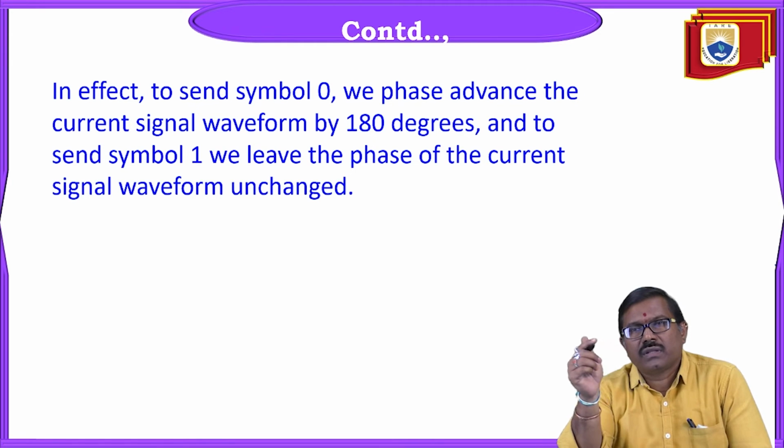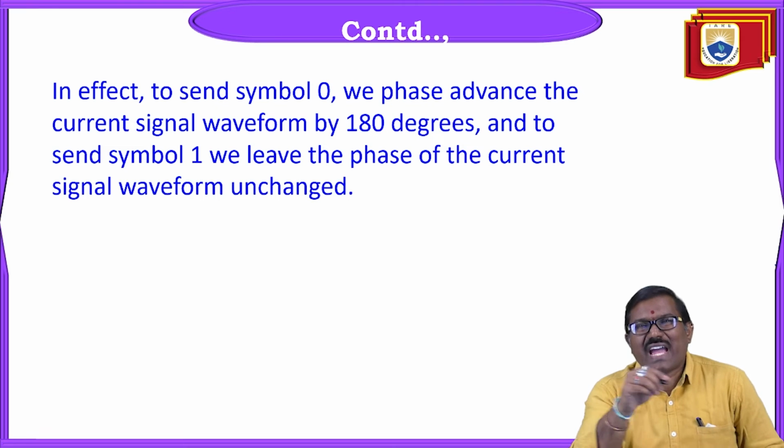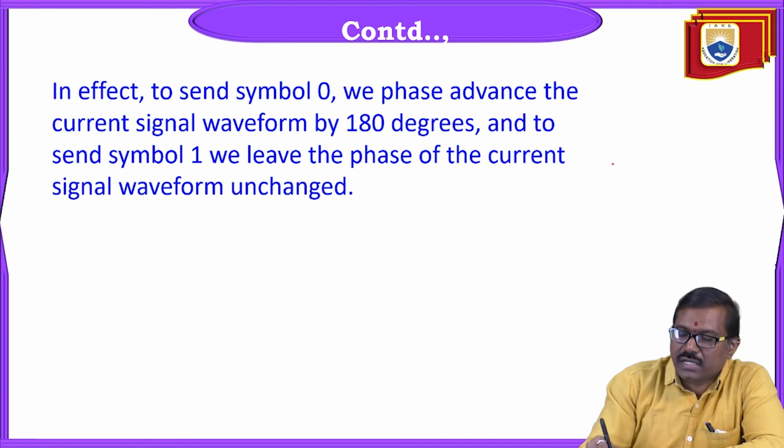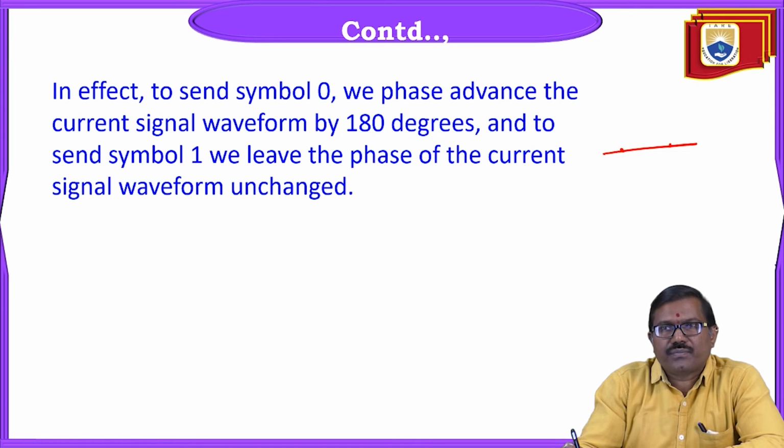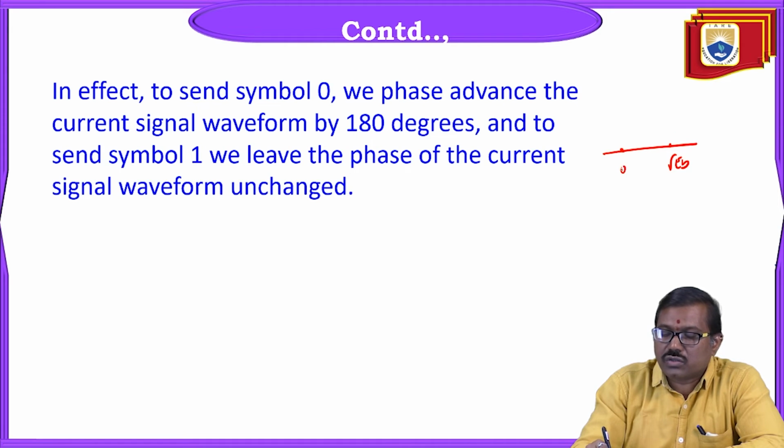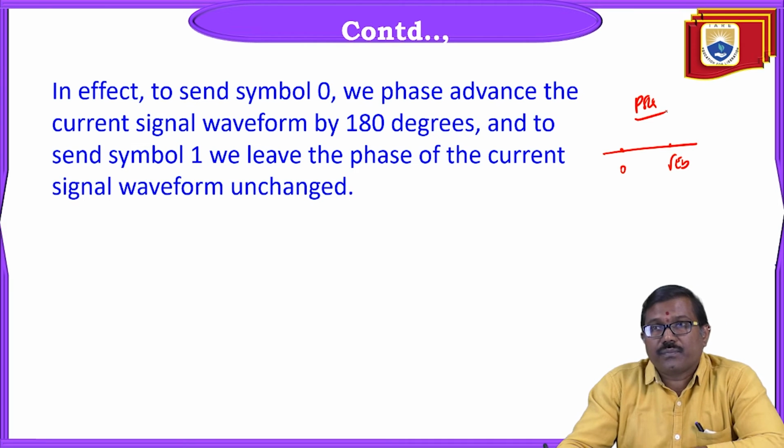That's why PSK can be called antipodal signals. Antipodal means the two signals lie along the same line but in opposite sense, root Eb and minus root Eb. So that is PSK, called antipodal.